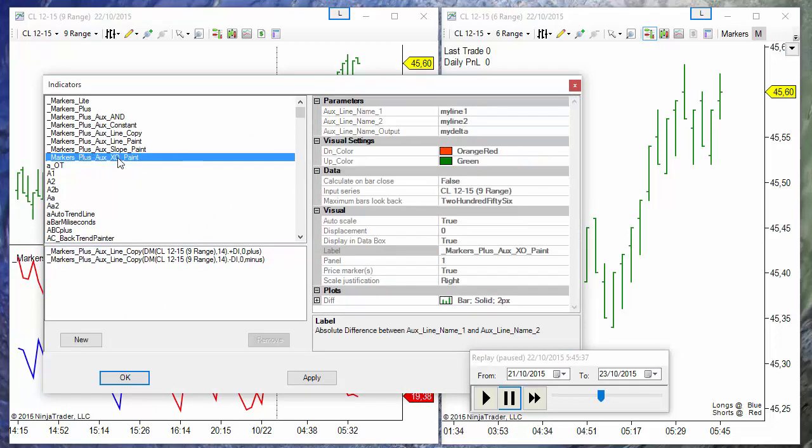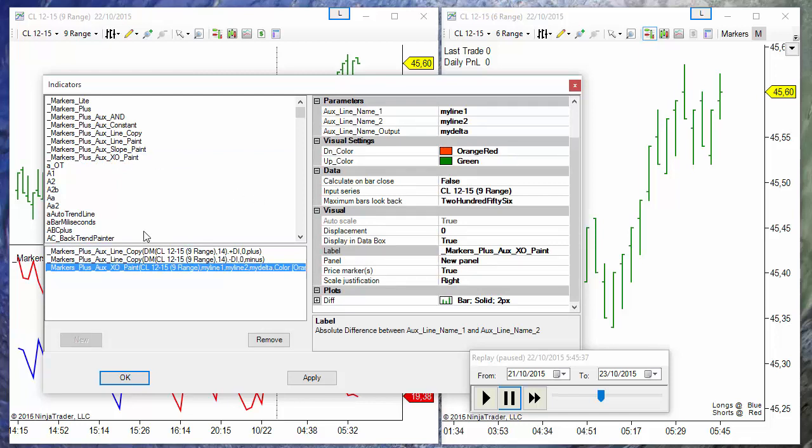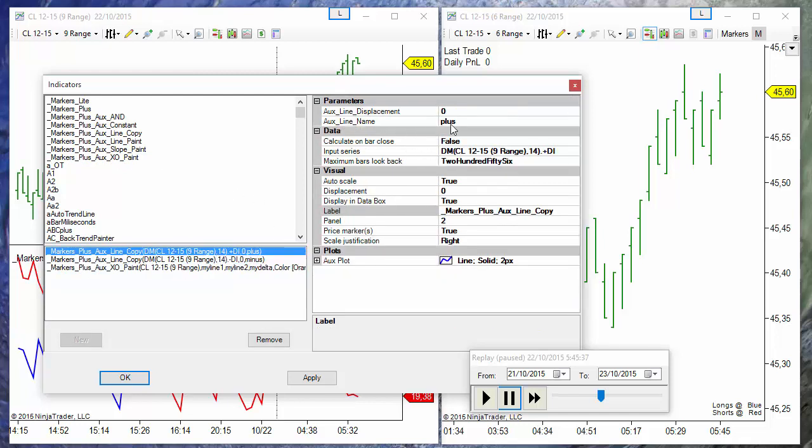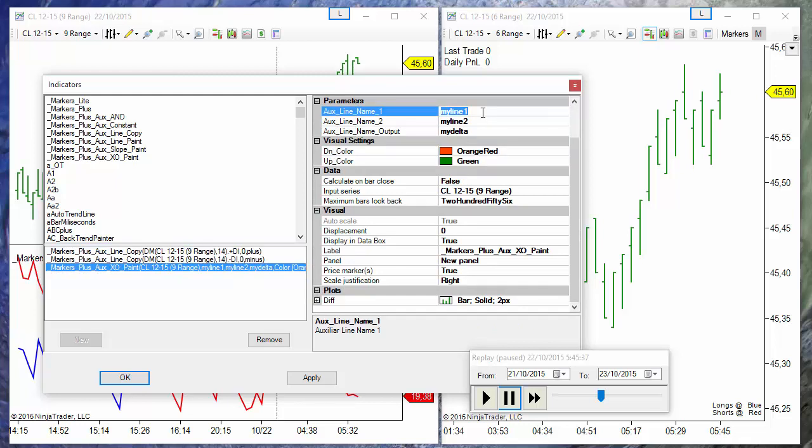The crossover calculates the difference between 2 lines. One line was called plus, the other line was called minus, so I calculate the difference between plus and minus. And let's call the result result.